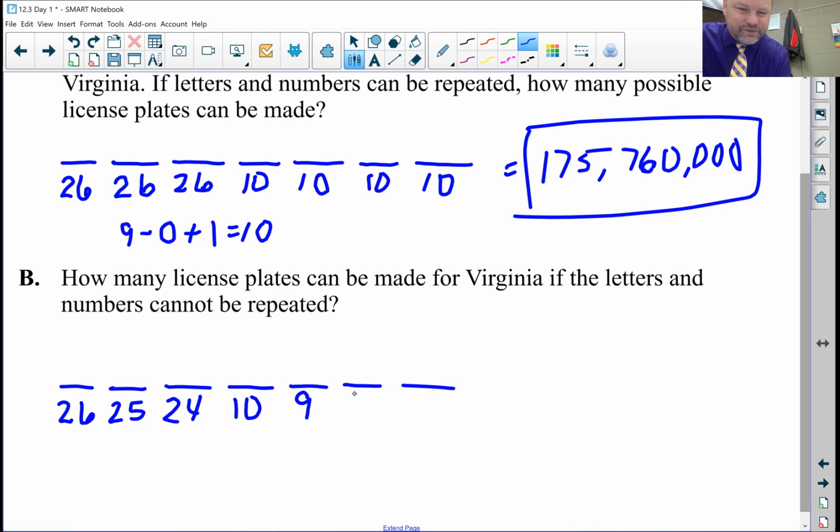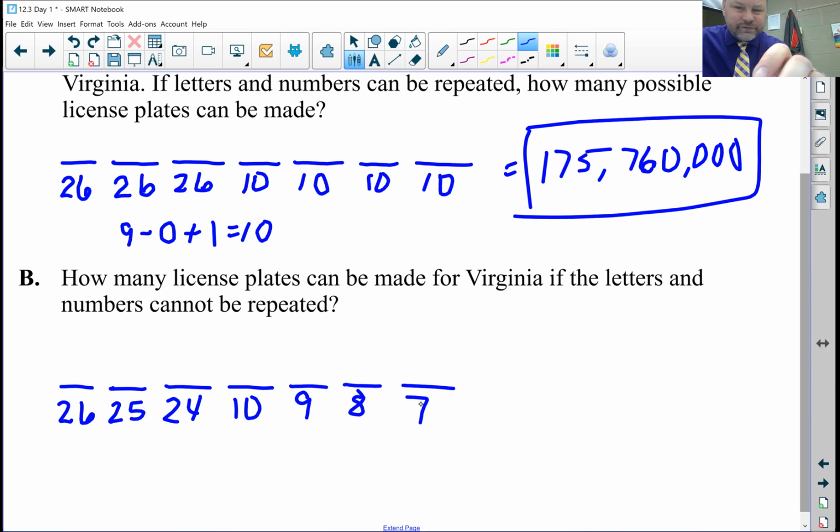And the next number? Yeah, chat's going crazy with 8s. And the last digit? Excellent, 7. And now we need to multiply those 7 numbers together to find our total.